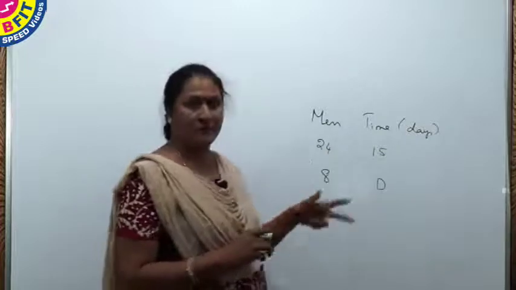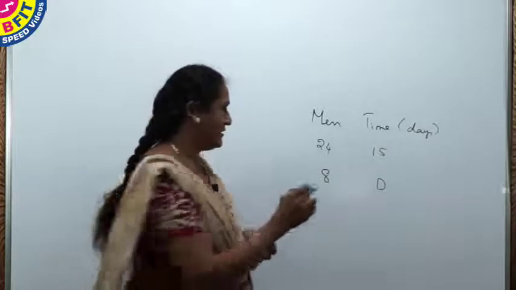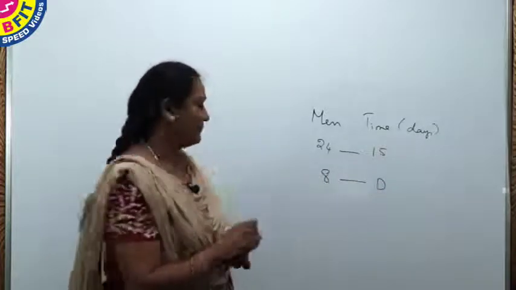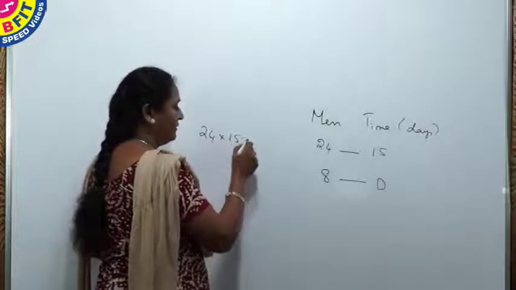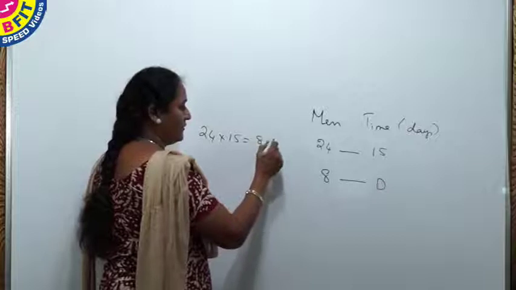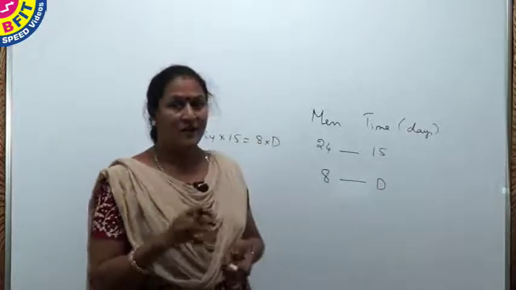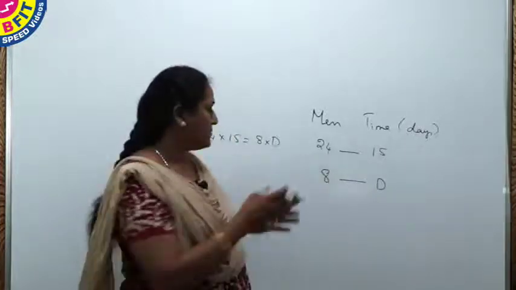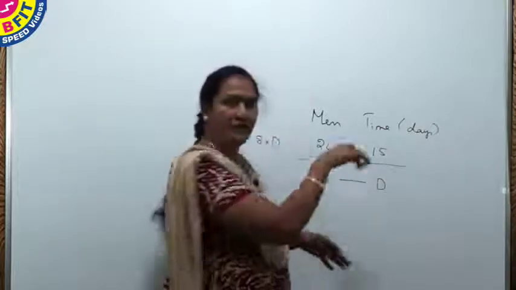Here these two variables vary inversely. When the variables vary inversely, parallel products will be the same. That is, 24 into 15 will be equal to 8 into D. Equating this, you can find the number of days. But whenever they vary inversely, as the parallel products are the same, instead of writing it out, you just draw a line between the two rows.